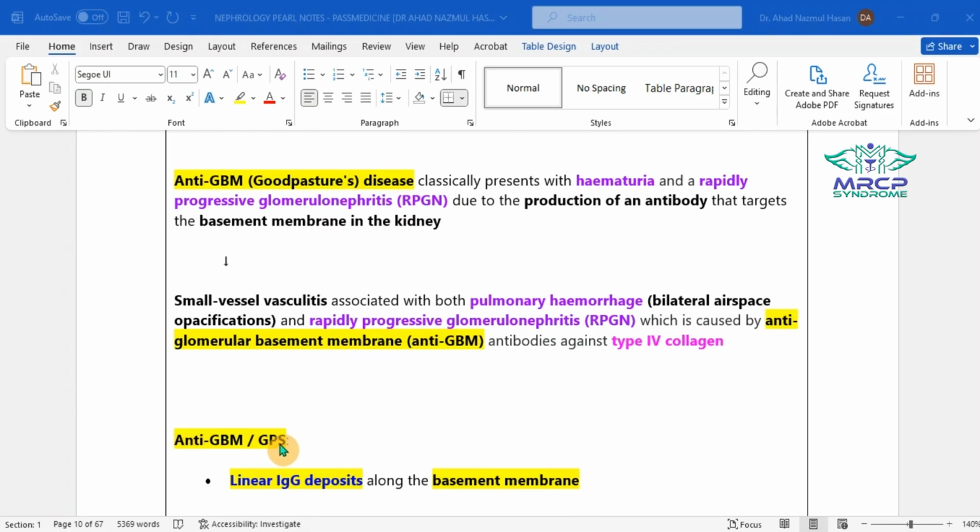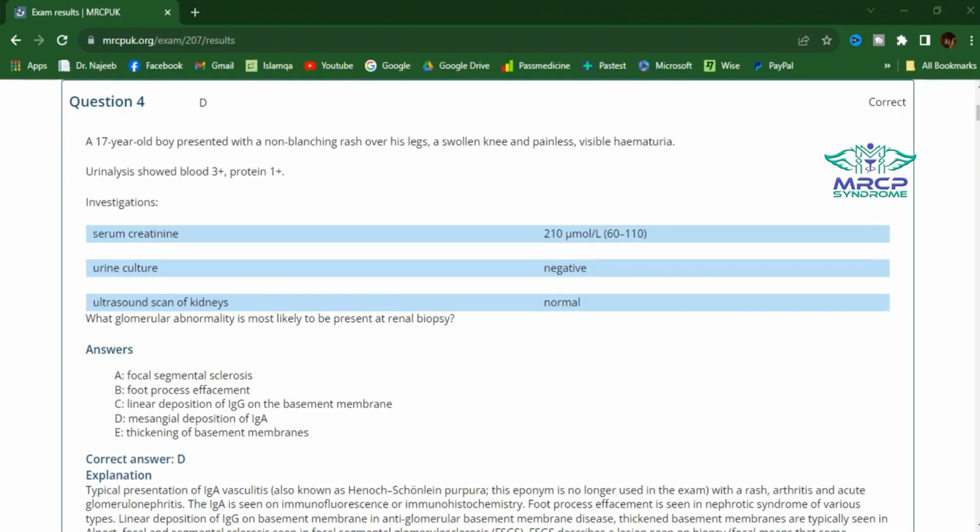Renal biopsy will show linear IgG deposition along the basement membrane, and we can also get the features of crescentic GN.